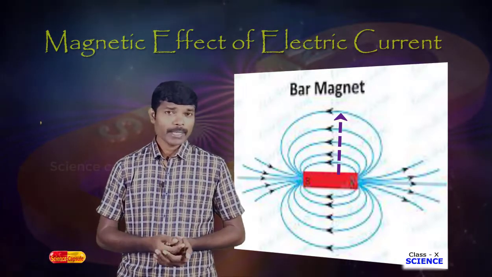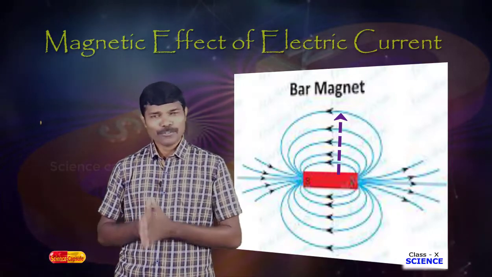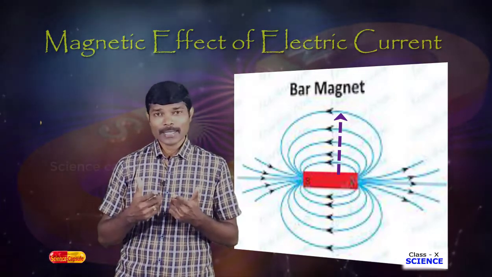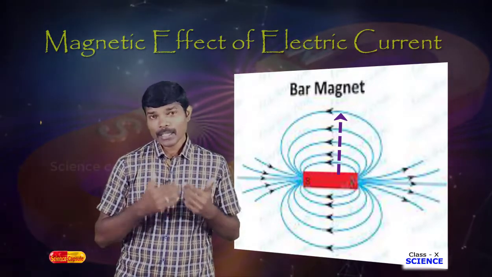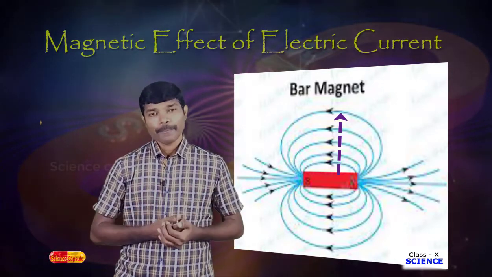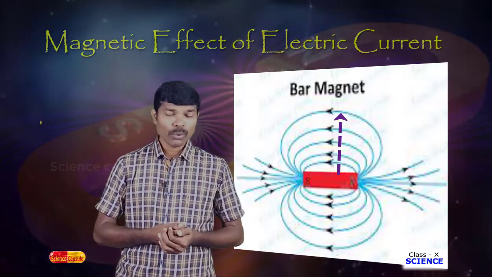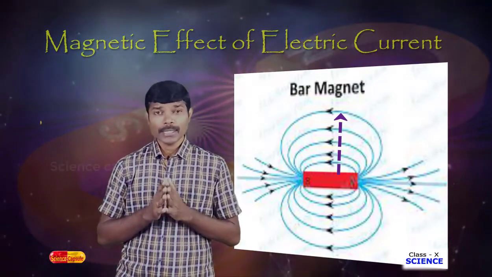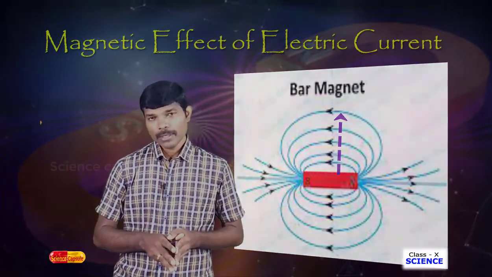From this we can understand that the magnetic field is inversely proportional to distance, which means if the distance is increased, then the magnetic field is decreased. If the distance is decreased, then the magnetic field will be more. So the magnetic field produced by the magnet is inversely proportional to distance.